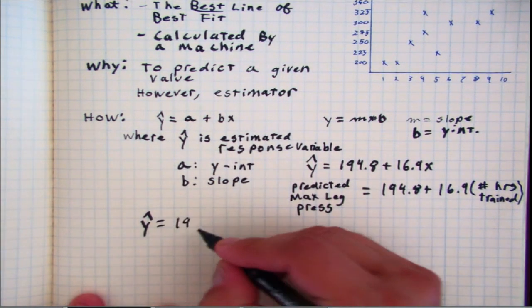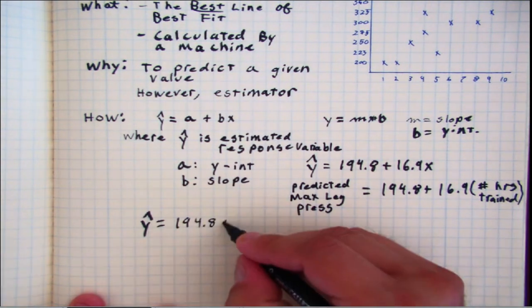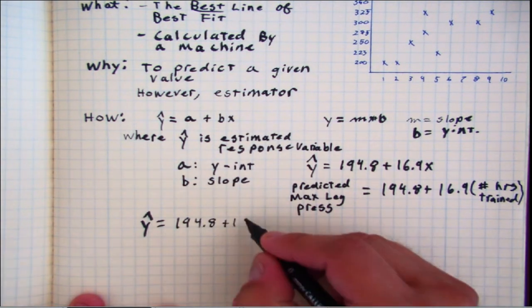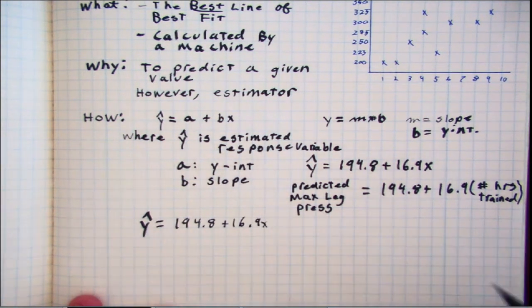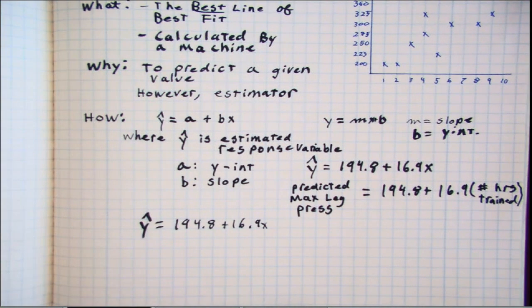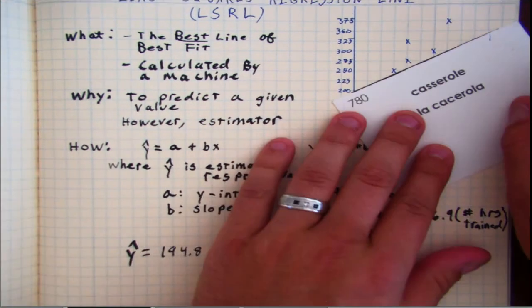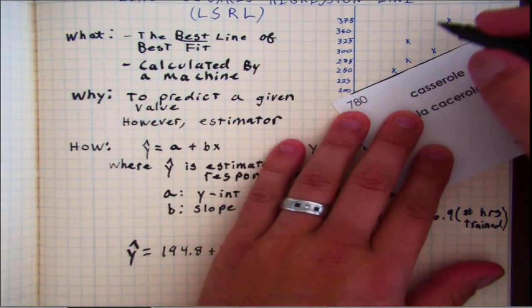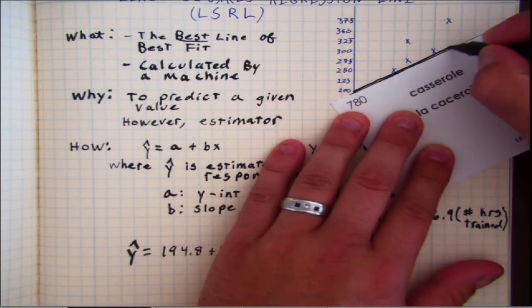And remember, it's an estimator, and I'm going to show you why it's an estimator here. It's an estimator because it still is a line that predicts the position of all of these points.